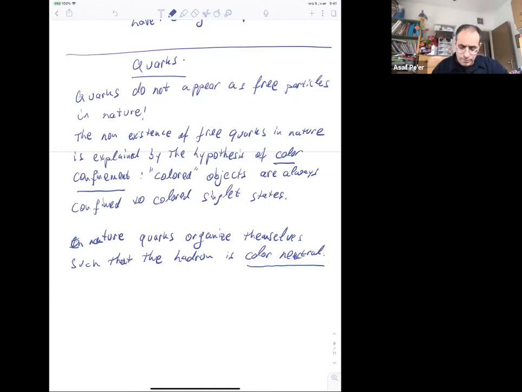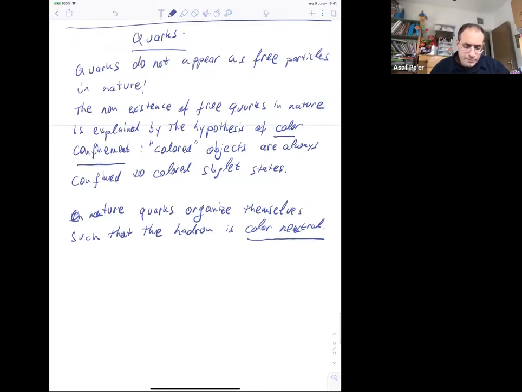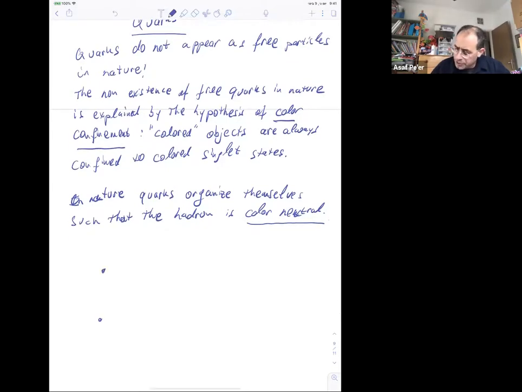So qualitatively, let's say we have two charged particles, I mean electrons, and you have field lines which connect them.